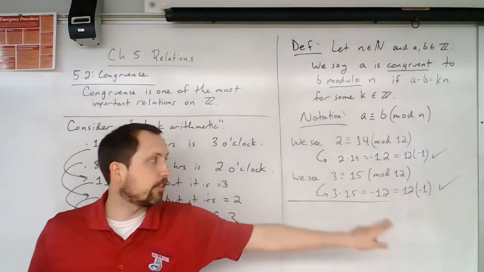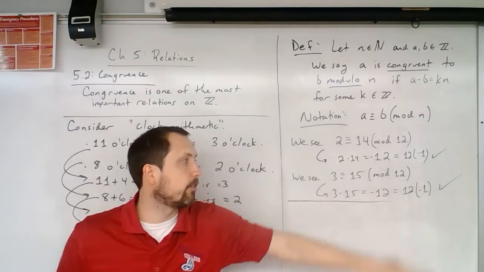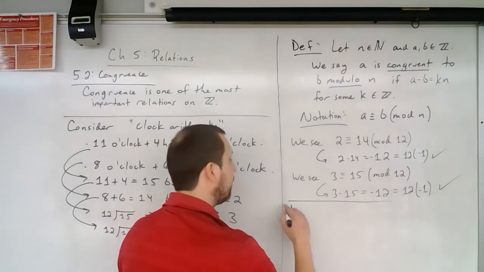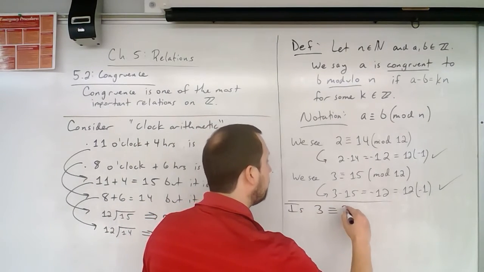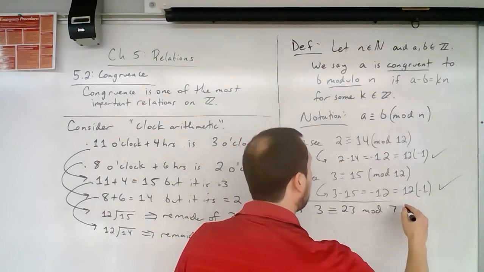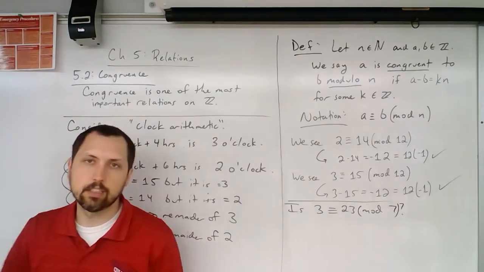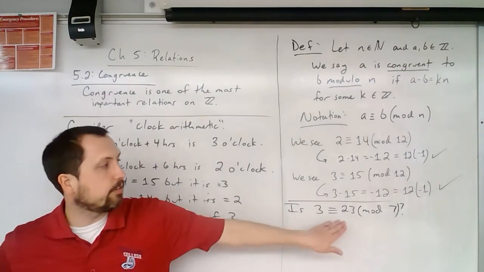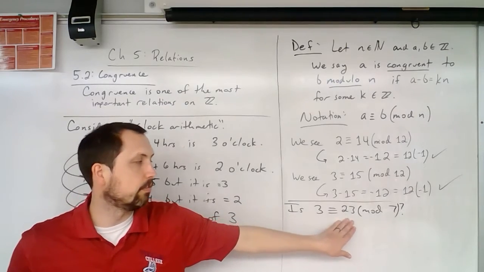If we look at other types of bases here, so other types of natural numbers, we could ask, say, is 3 congruent to 23 mod 7? So we could ask any numbers now that I want to throw out here. Is 3 congruent to 23 mod 7?